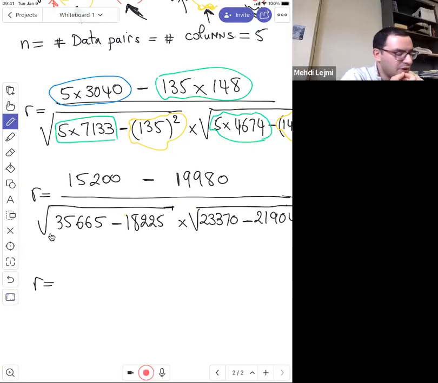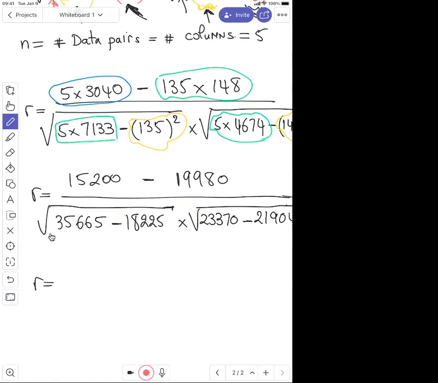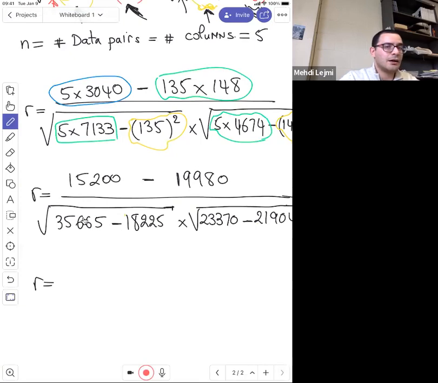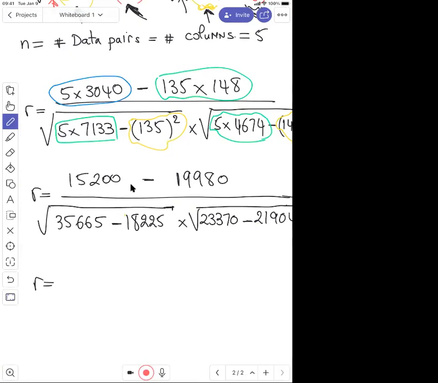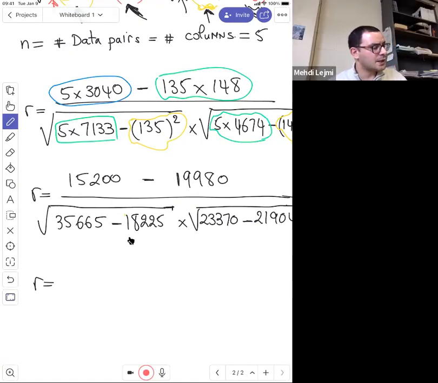Yes, don't switch the numbers, because R can be negative. You're right, we don't switch the larger number on top or anything like that. That's a good point. So actually, the top would be negative 4,780.